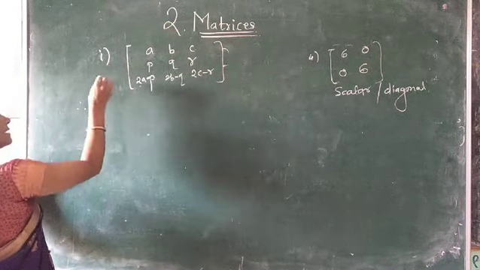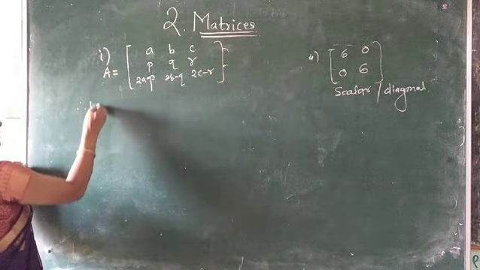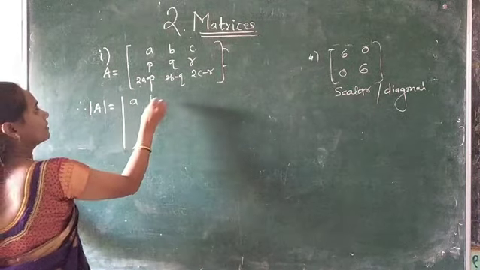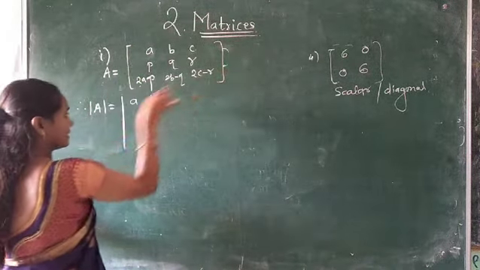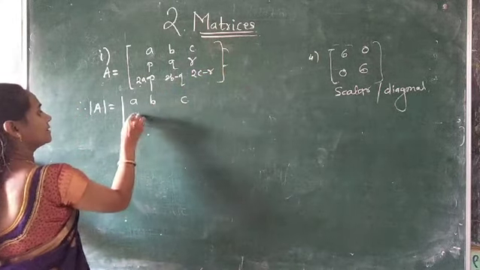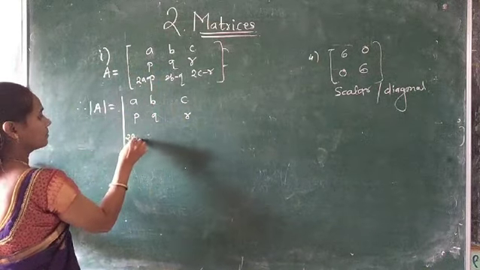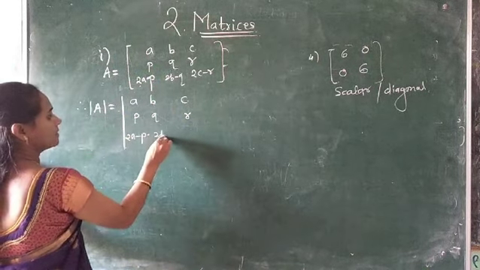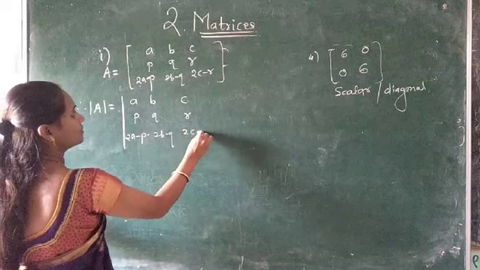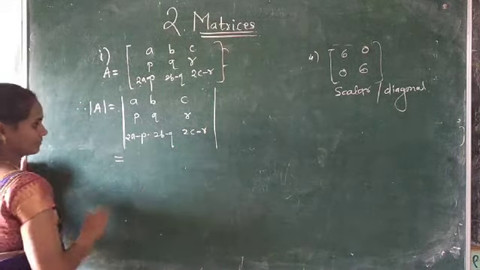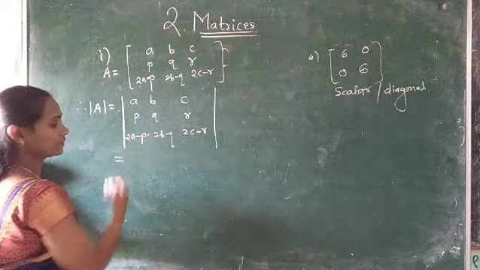So, consider this as a matrix A, then determinant A is equal to, this is the symbol of a matrix and this is the symbol of a determinant. So, first write the matrix in determinant form, with rows A, B, C; P, Q, R; and 2A minus P, 2B minus Q and 2C minus R, and solve this determinant. All of you know how to solve the determinant.